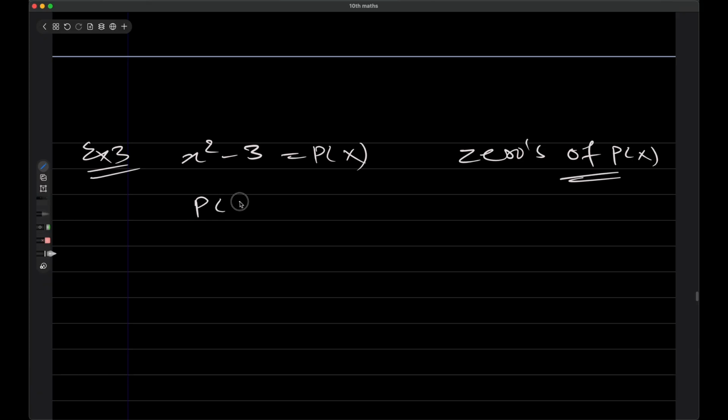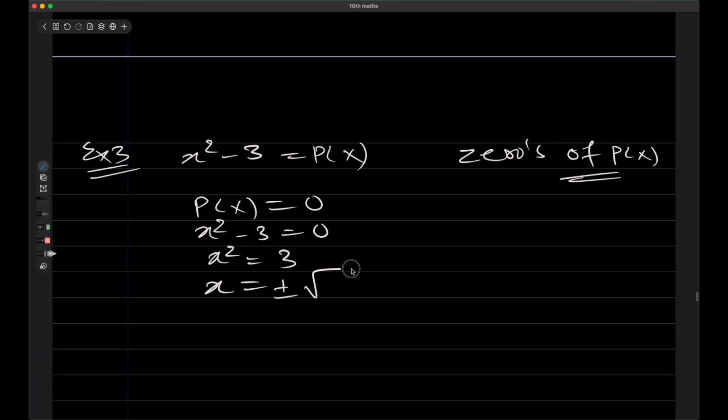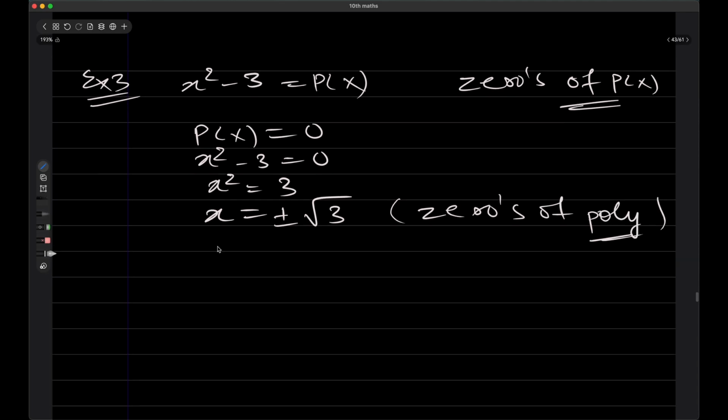To find the zeros of polynomial, we will put p of x equals to 0, that is x square minus 3 equals to 0. We will get x square equals to 3, and if we find x, that is equals to plus or minus under root 3. So these are the zeros of the polynomial.